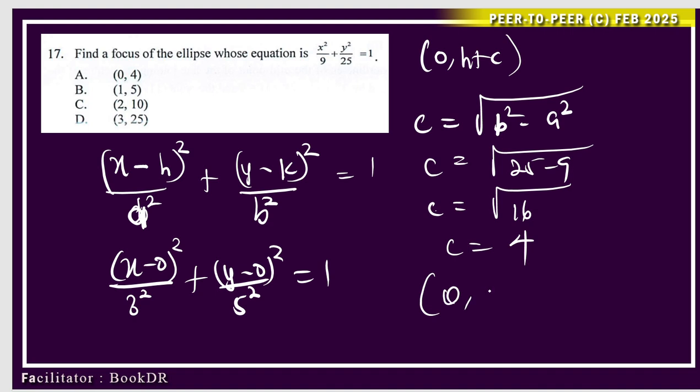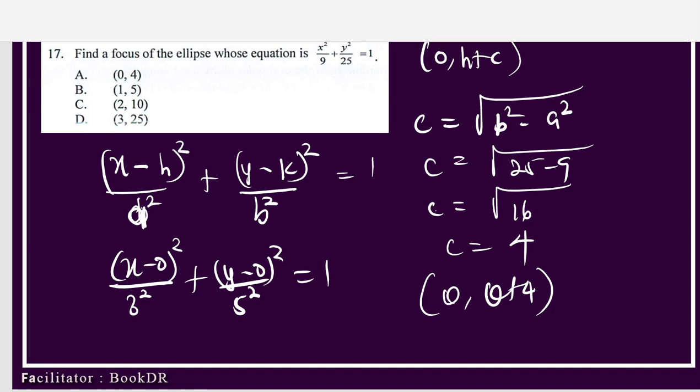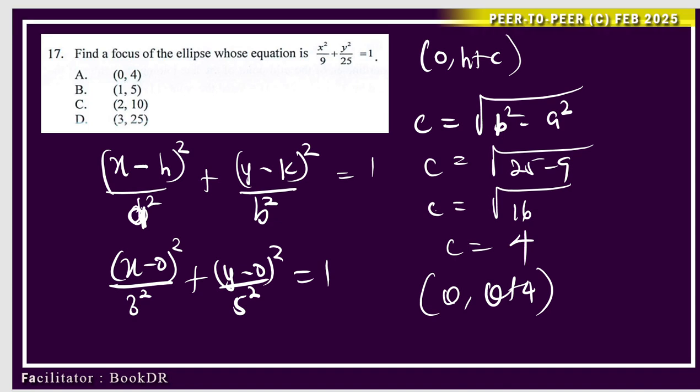So 0 comma, then our h here is 0. So 0 plus 4. In fact, the actual focus would have been plus or minus c. So let's take note of that. Plus or minus c.